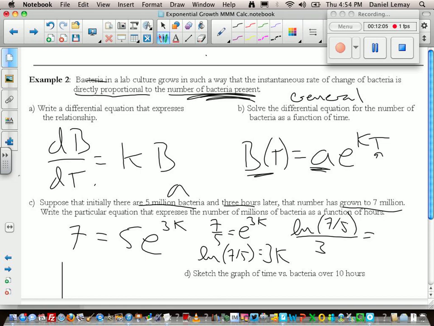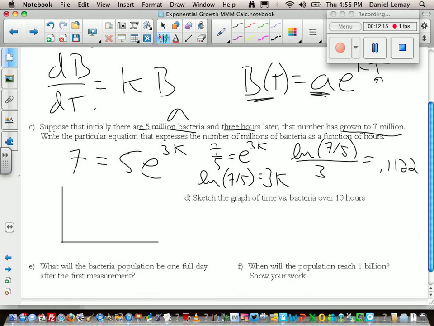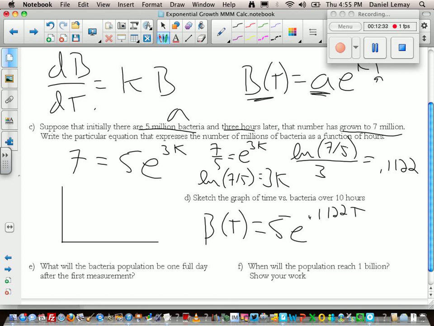I came up with 0.1122. Notice it's positive because this thing is growing. Okay, so now we want to write that equation. So the bacteria as a function of time is 5e to the 0.1122t. That would be that choice.